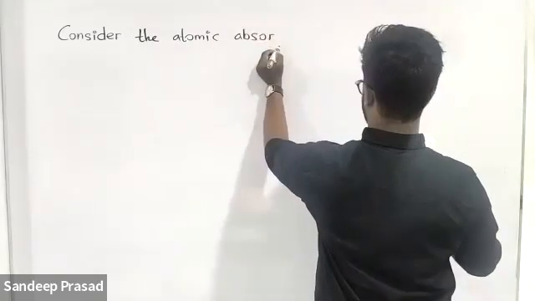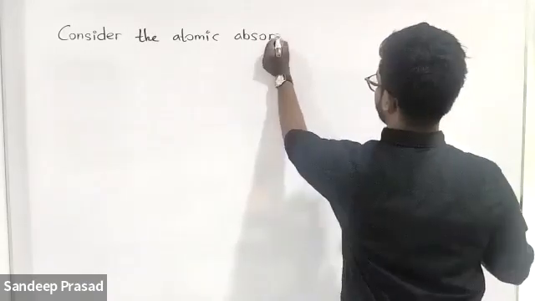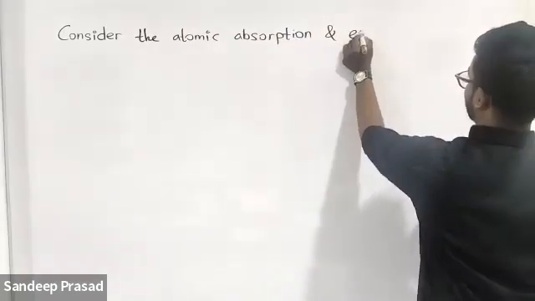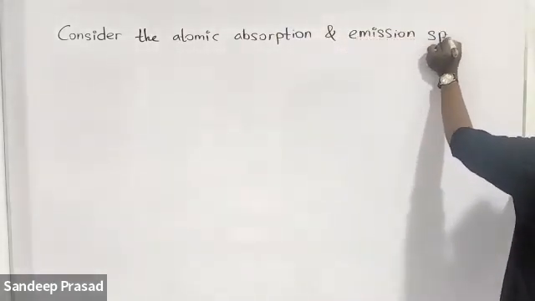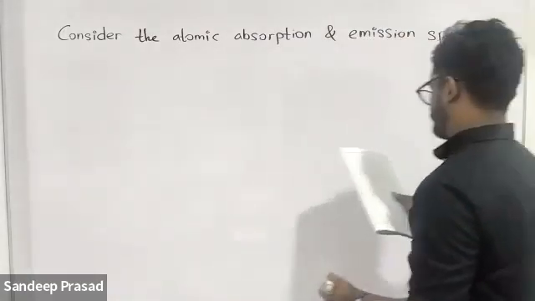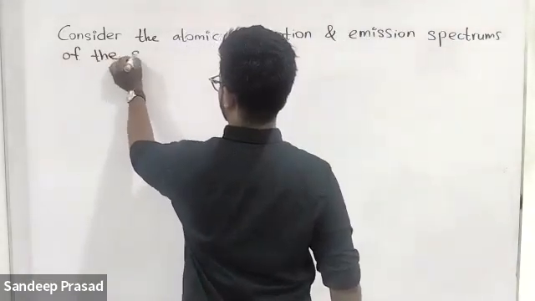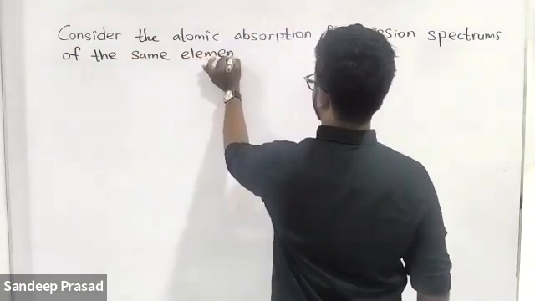Turn to page number 35. I have given you space. Write this down quickly. Consider the atomic absorption and emission spectrums of the same element. Actually, we have taken hydrogen here.